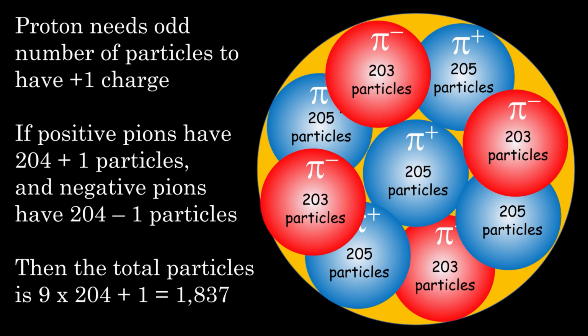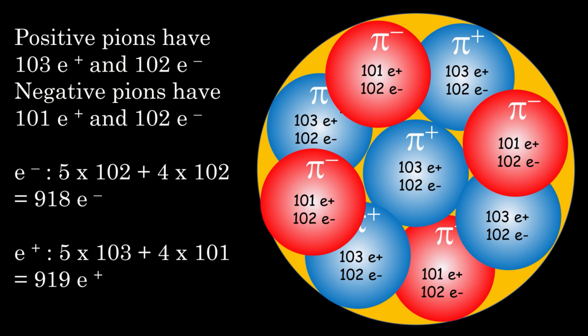To get this charge, using only electrons, the proton is probably made of 1,837 electrons, 918 negative electrons, and 919 positive electrons. The negative electrons are just electrons, and the positive electrons are positrons, so it appears the proton is made of electrons and positrons, matter and antimatter.